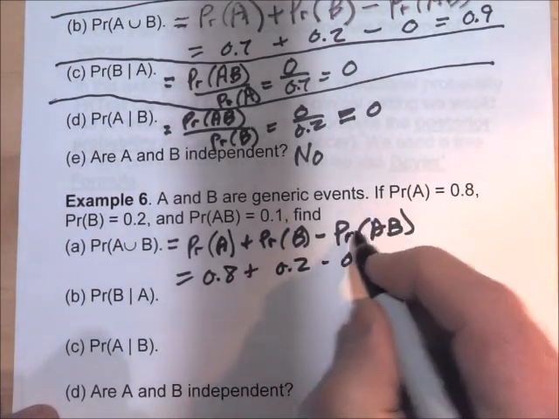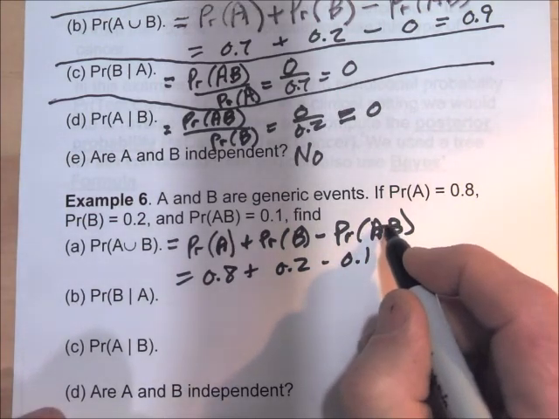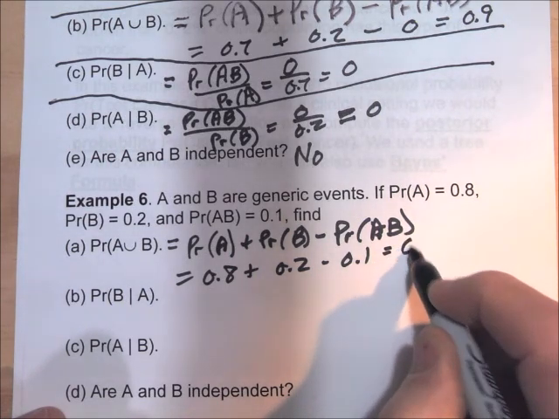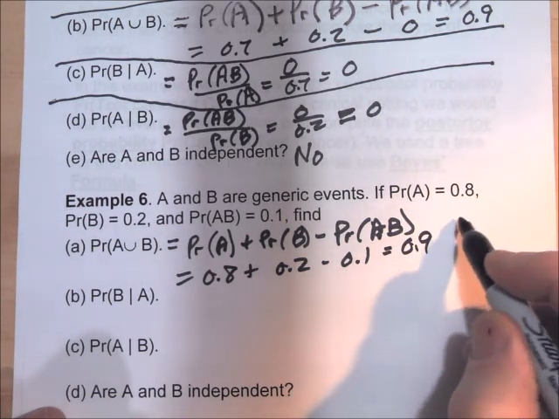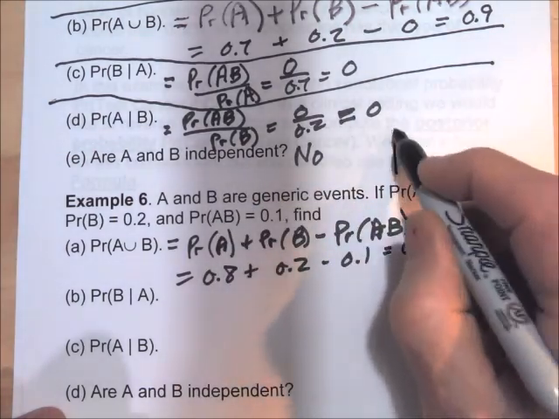So we subtract the overlap. So this is 0.9. If you could maybe make this clearer with a Venn diagram.